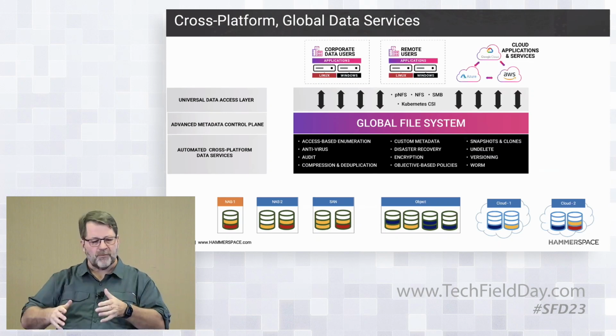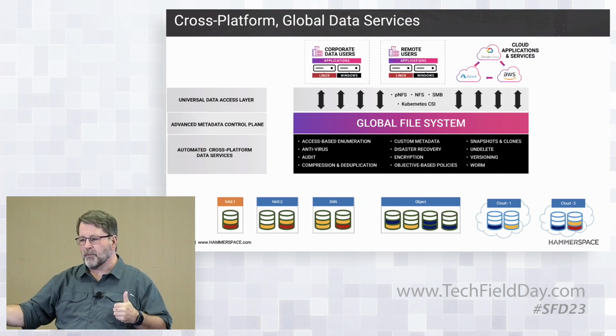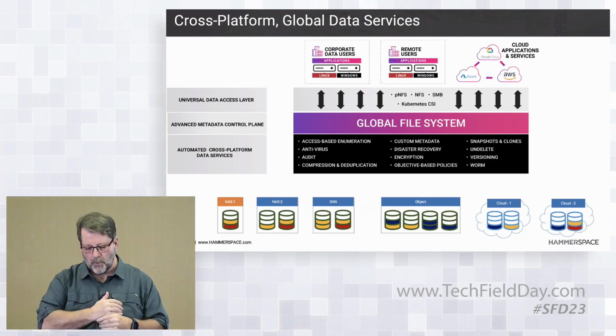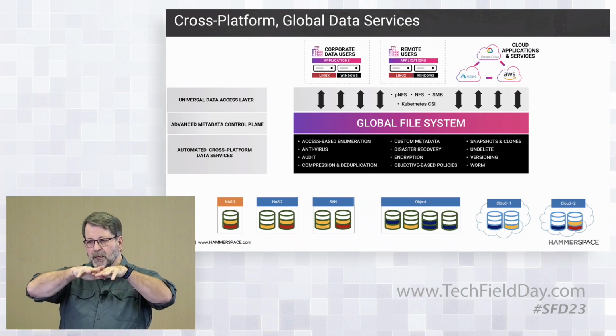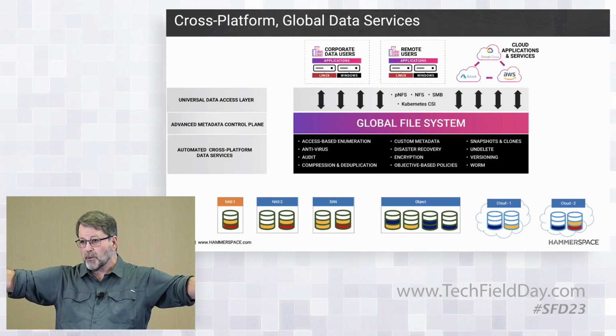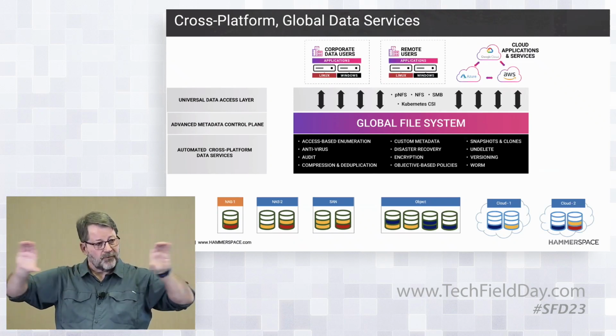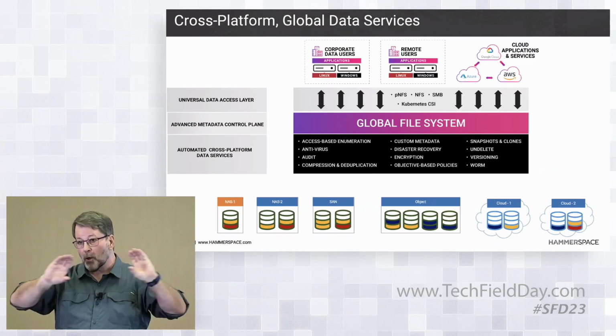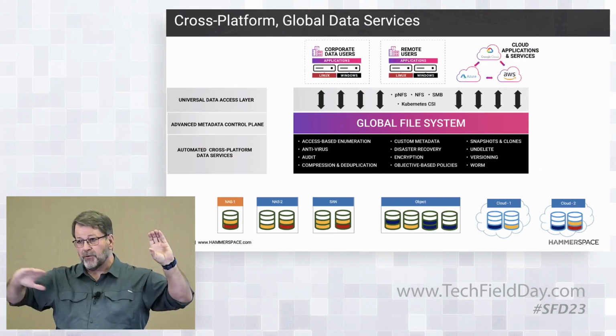You'll have point solutions to move data from point to point. You'll have any number of different things that you're all well aware of. But within Hammerspace, because the metadata control plane is ubiquitous across all data types, across all storage types and locations, it means that you can apply global snapshots across heterogeneous storage.